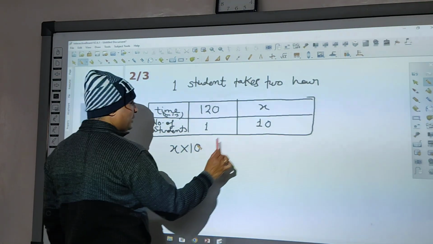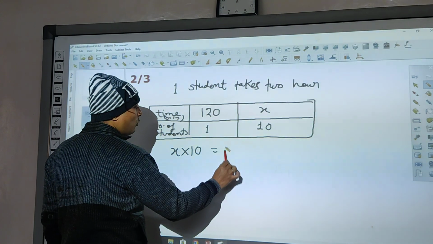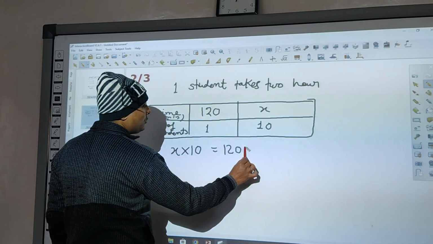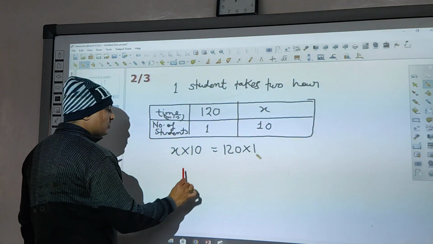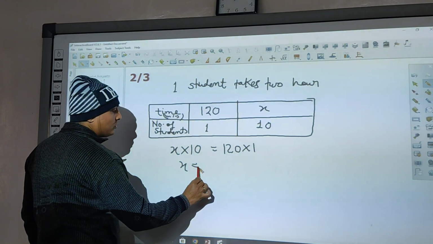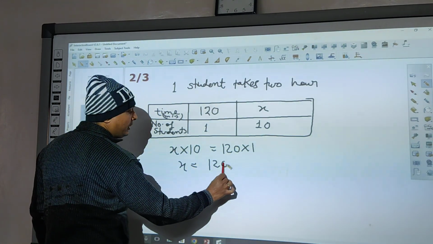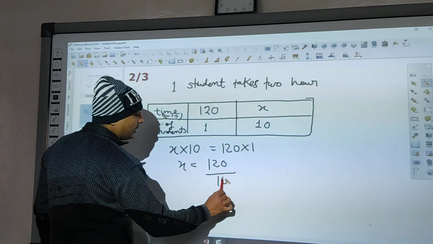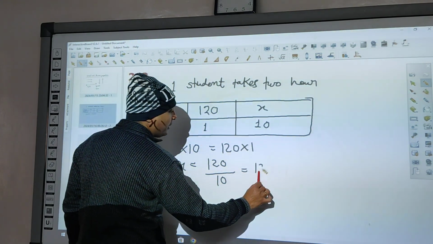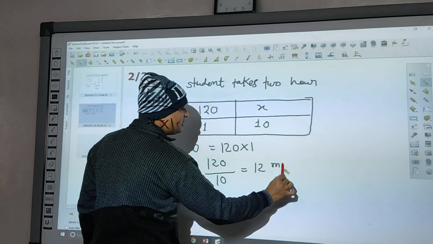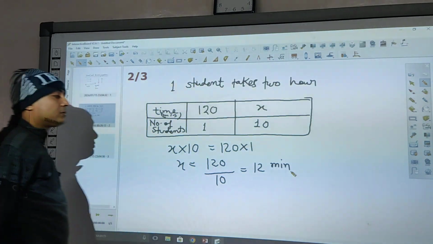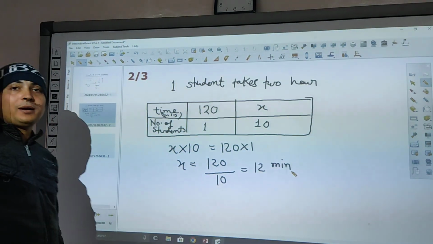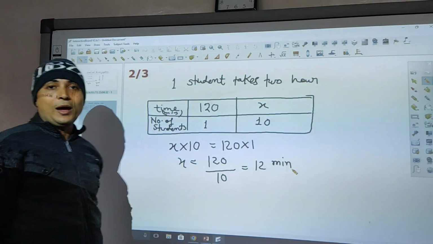So x into 10 is equal to 120 into 1. So x is equal to 120 by 10, that is 12 minutes. So the time taken by the 10 students is 12 minutes.